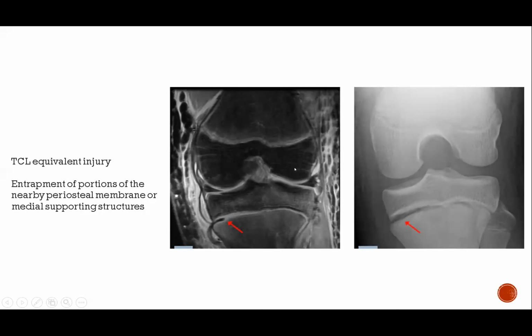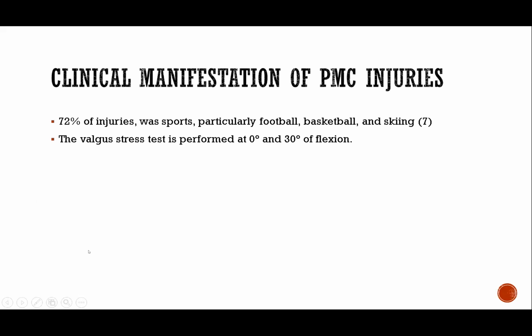The TCL or MCL equivalent injuries are also seen in pediatric patients, where there is a physeal element, and entrapment of nearby periosteum or the medial supporting structures into the physis. So clinical manifestation of posteromedial corner injuries: 72% of injuries were sports related, particularly football. Other injuries being rotator.